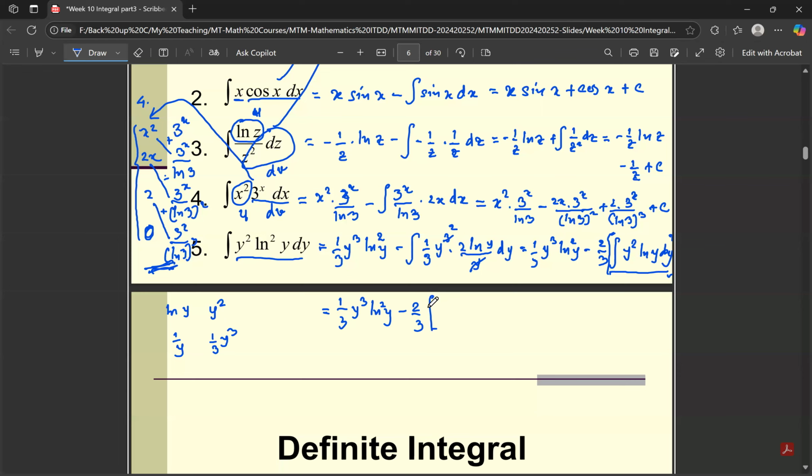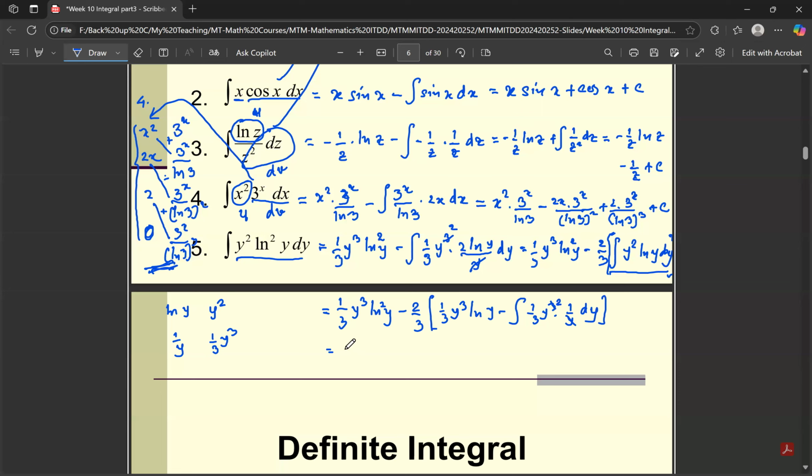By using the integral by parts in the last, we have 1 over 3 y cubed ln y minus the integral of 1 over 3 y cubed multiplied by 1 over y dy, as du. So this can be cancelled out again.